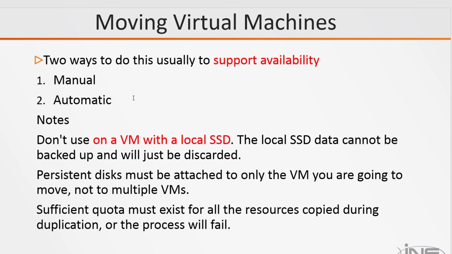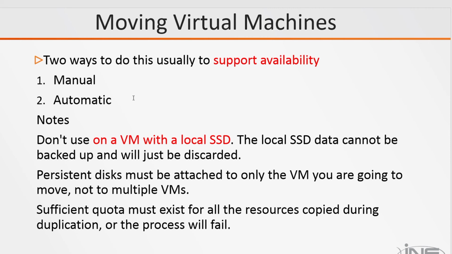But let's say the source is perfectly supported, but the target isn't. Let's say you change zones or change regions. So again, just be aware that there's two ways to move a virtual machine.